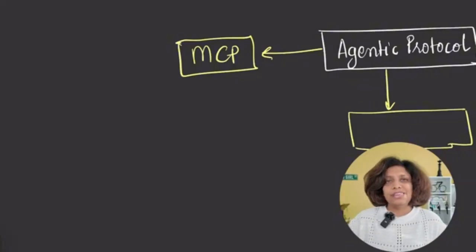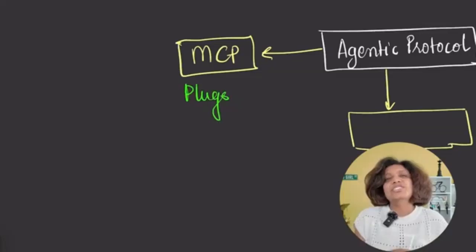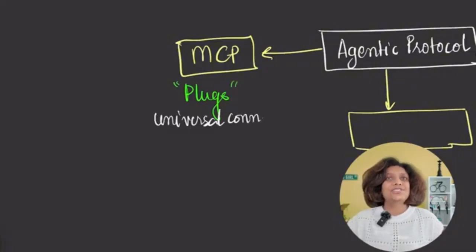Now think of MCP as standardizing the plugs for the tools. Instead of custom integration code for every single service, you use MCP to create universal connections. Now here's an example. An AI agent in Slack could use MCP to pull the latest project updates directly from Asana and display them in your channel. No custom integrations required.